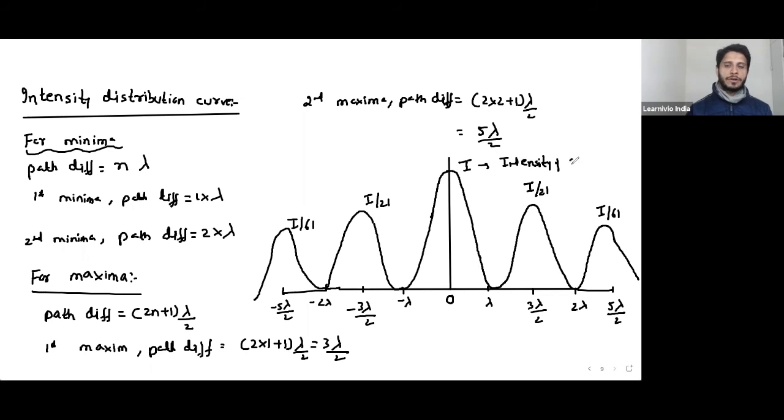So in interference, the intensity of all maxima is same. When we drew this graph in interference, all had same intensities. But in diffraction, the intensity of central maxima is maximum, then it keeps on decreasing, which is very clear from the graph. So this is intensity distribution graph for diffraction.